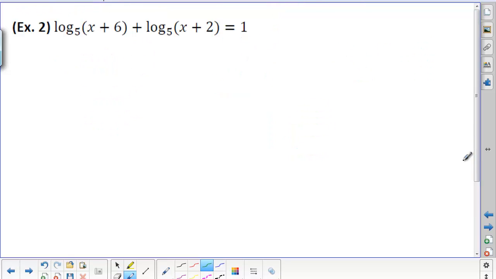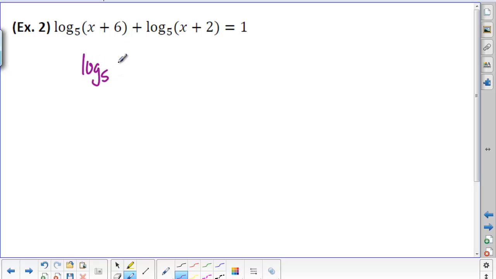Okay, next one. Again, this looks a little tricky, but we've got base 5 logarithms on the left. If we could somehow make these both single logarithms with a base of 5, we'd be set. So let's combine this left side together.